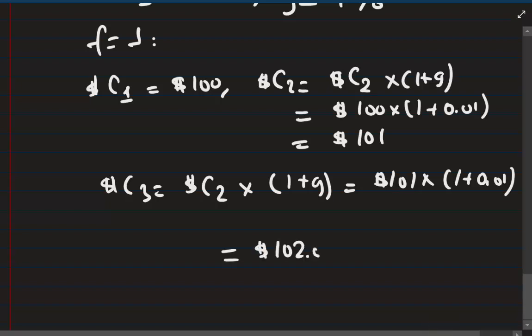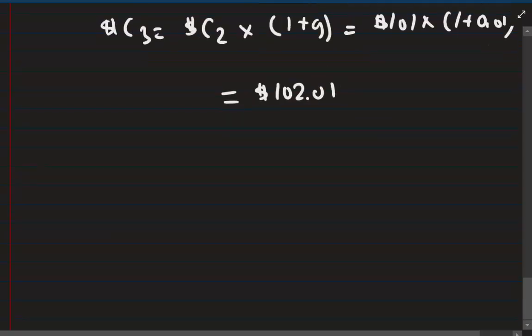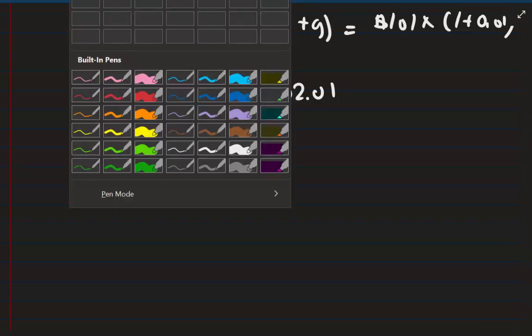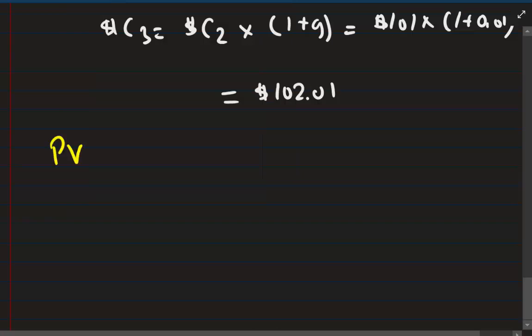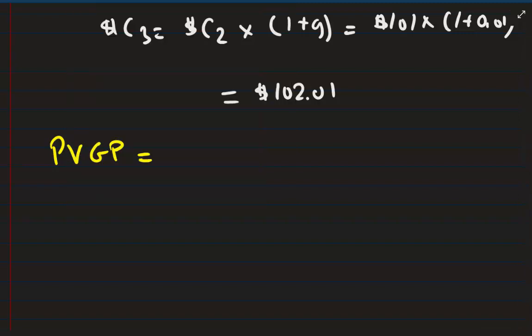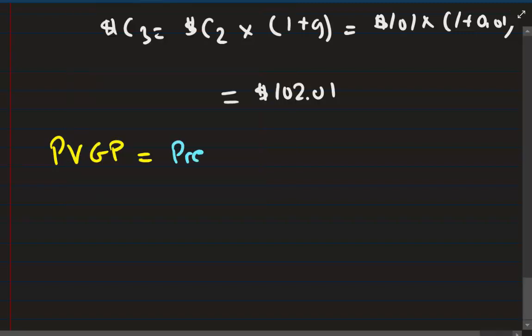Again, the math is complicated, but using this notation, I'm going to call PVGP the present value of a growing perpetuity.